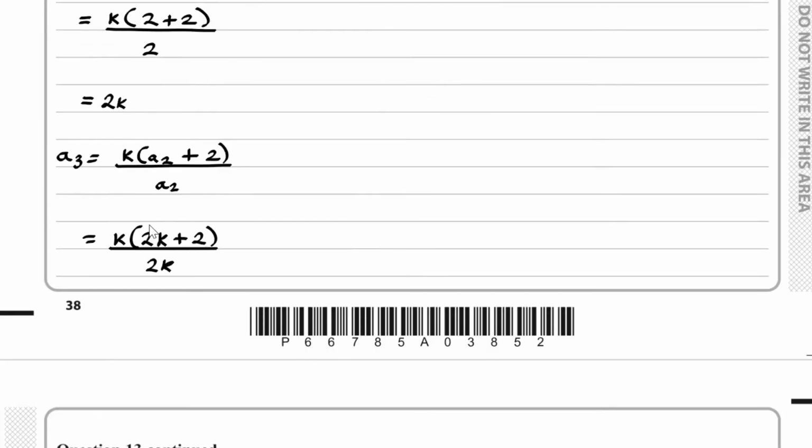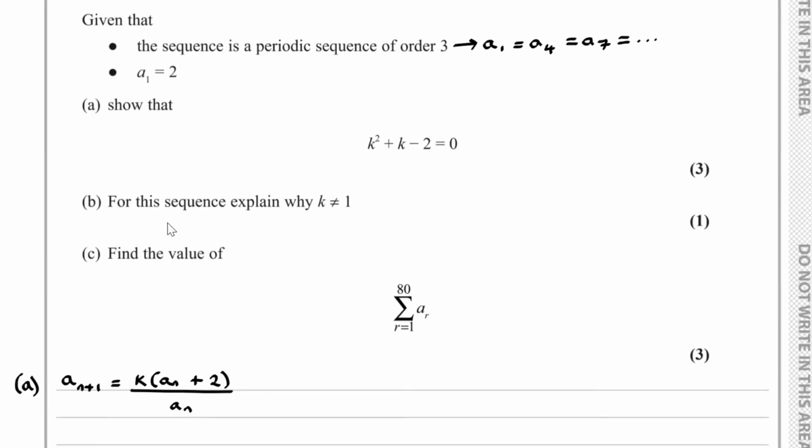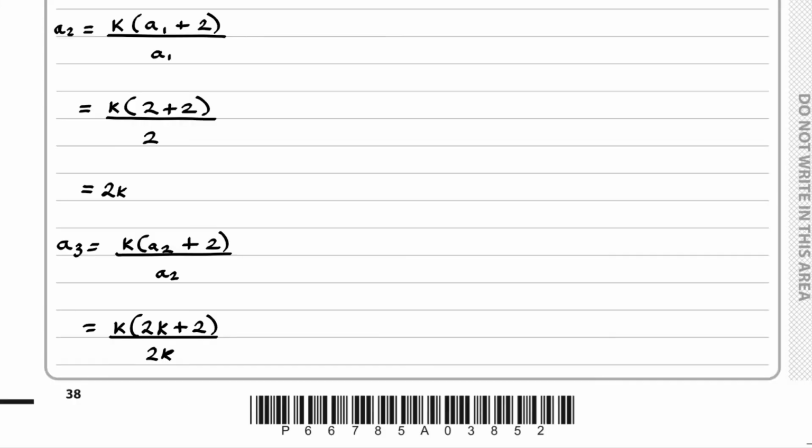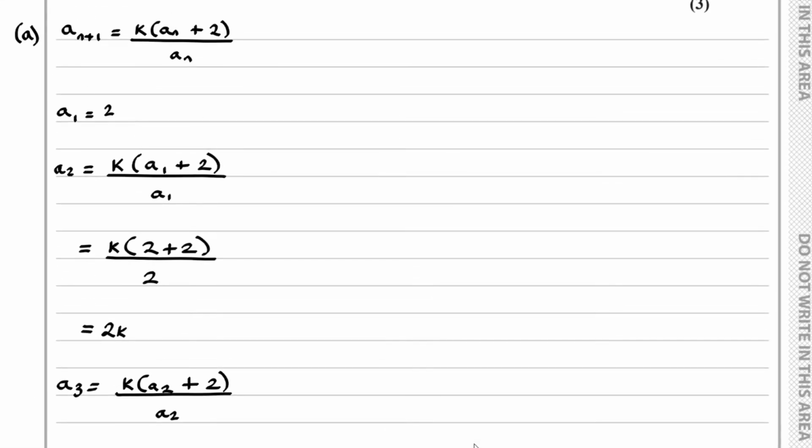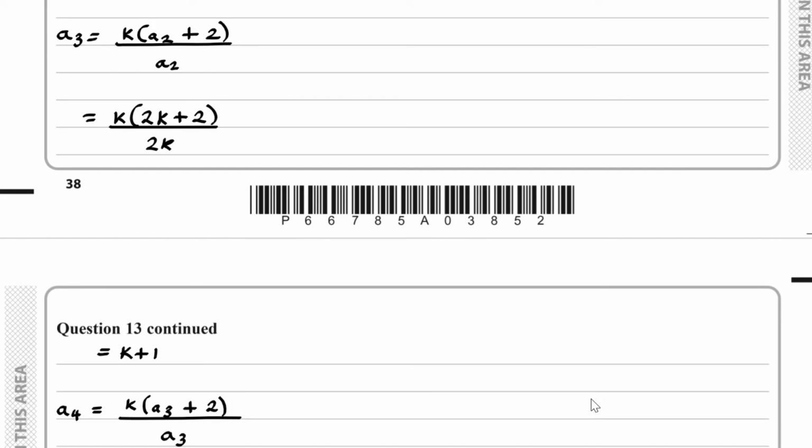Now for part B of the question, we have to explain why k cannot equal 1. If we assume that k is equal to 1, our first term is 2. Our second term is 2 times 1, which is 2. Our third term is 1 plus 1, which is 2.